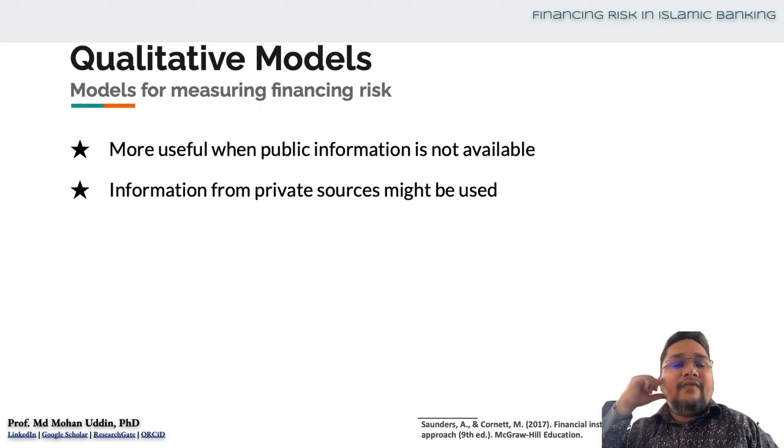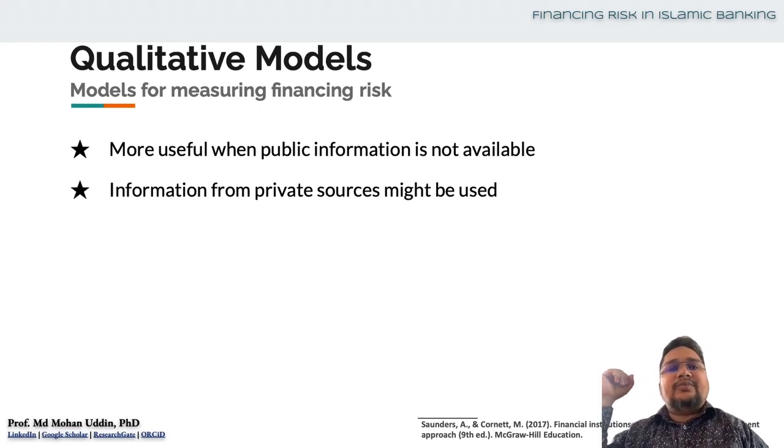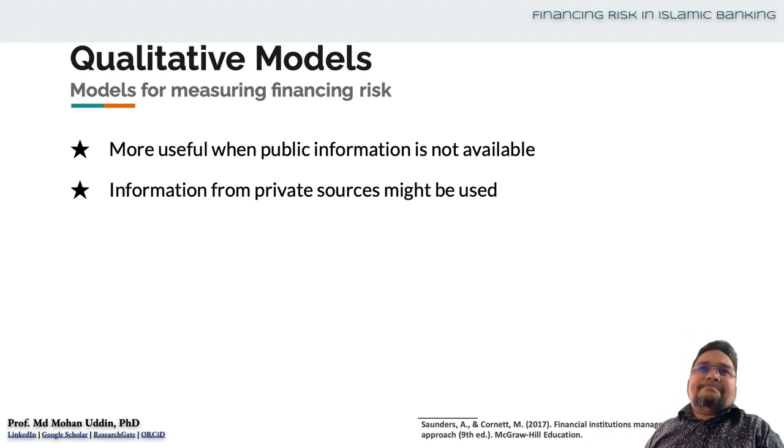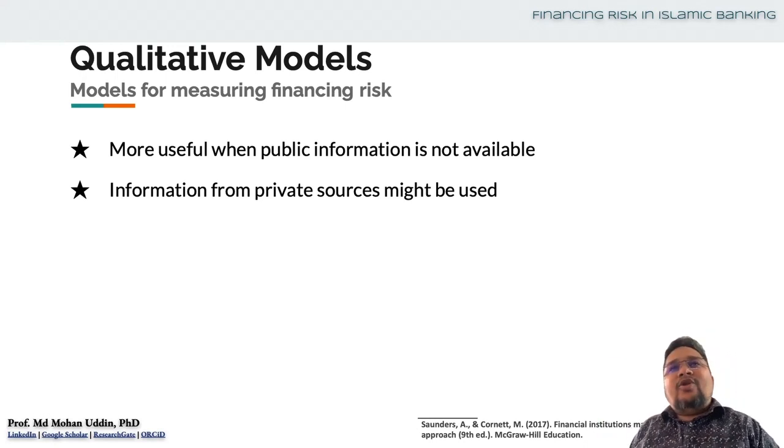Even if we want to use subjective judgment, we need information. We may not get the publicly available audited financial statement, but we still need certain types of information, and that can be available from different private sources. So where can we get the information necessary for the qualitative models? As I have said, it can be private sources. What are the different private sources?